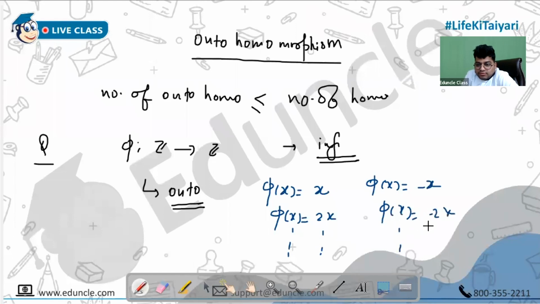The others, phi x equal to 2x, 3x, and so on, map to 2Z, 3Z, 4Z, 5Z, all these, so they are not mapping to all the elements. It means only these two mappings are the onto homomorphisms. Am I clear?